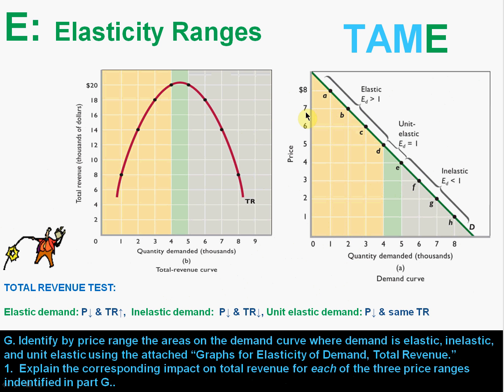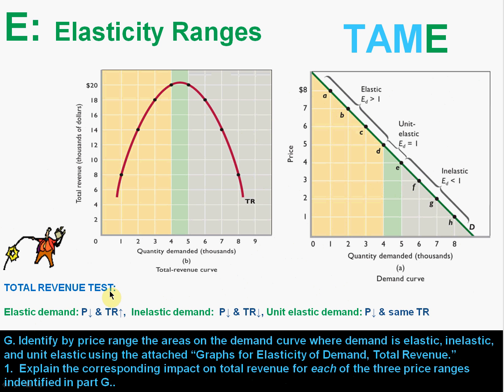That means that we end up getting a 10 on the bottom and a 100 on the top. When we divide 10 into 100, we get a number about 10. And while this isn't completely 10, it certainly works out to be a number greater than 1. And the only thing we have to have in order for it to be an elastic portion is the coefficient greater than 1.